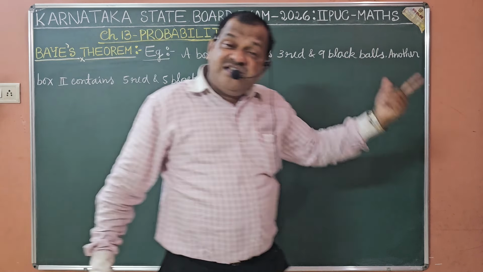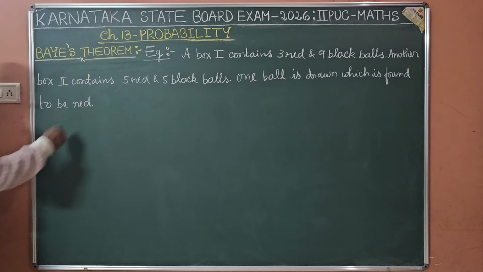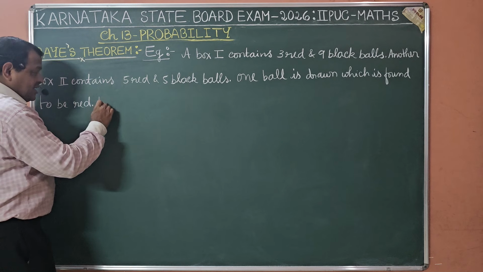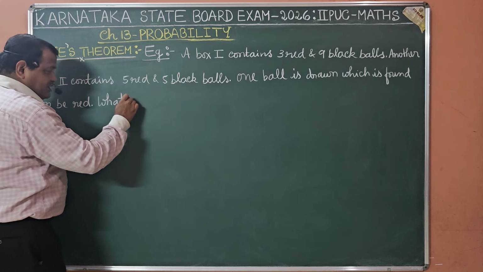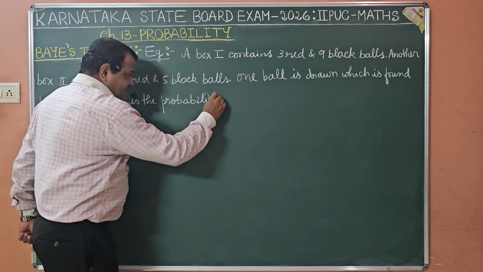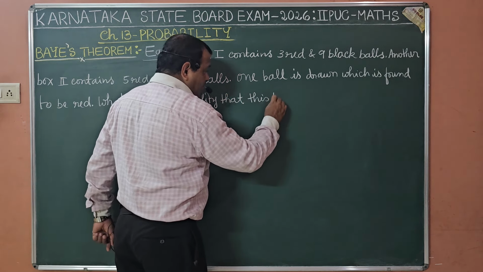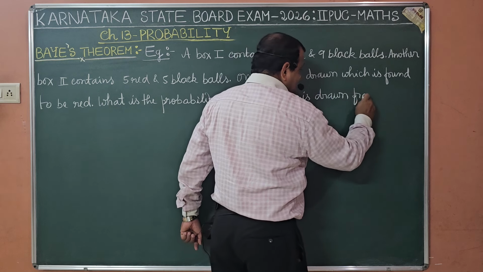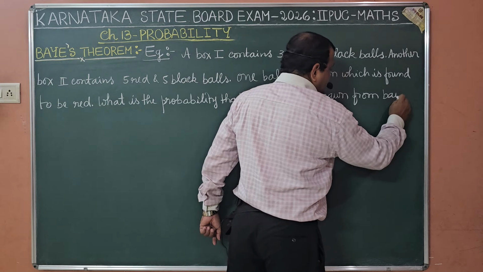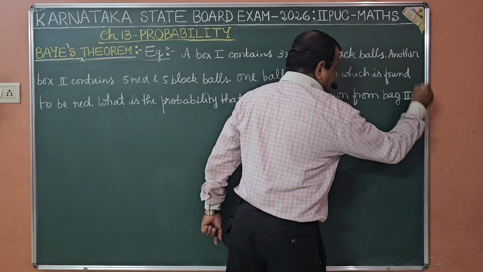Now this is the special event. And now the question is the last sentence. Please do not copy this question. What is the probability that this ball is drawn from bag 2?